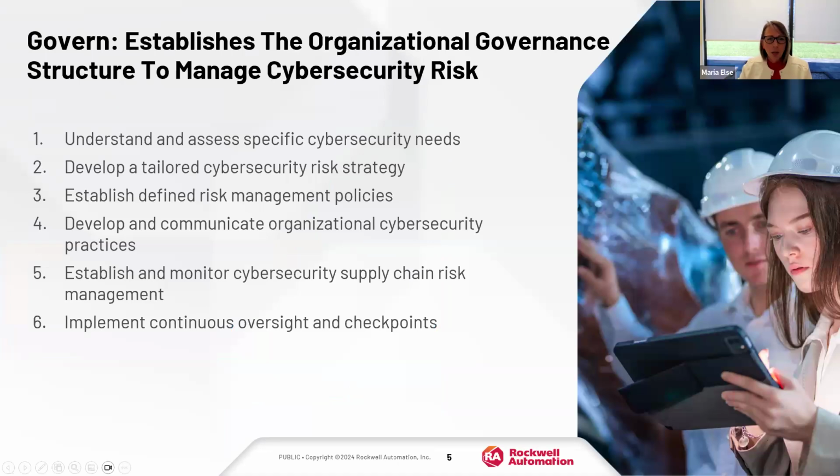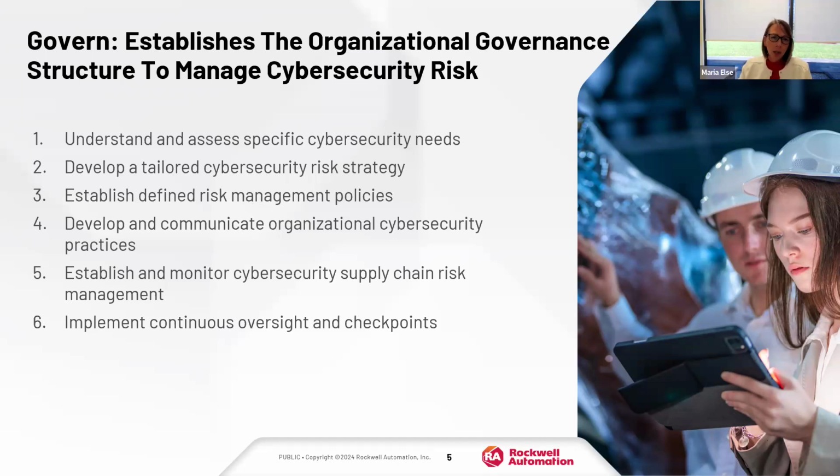So as we look to the different pillars in a little bit more detail, the govern pillar or core function is really going to help the organization establish the processes and the procedures to manage their cybersecurity risk. So being able to understand and specify the needs of your organization is going to be key to driving your business case and defining your strategy going forward.